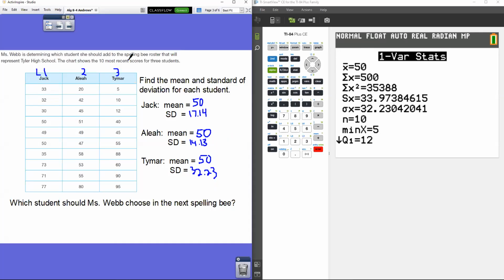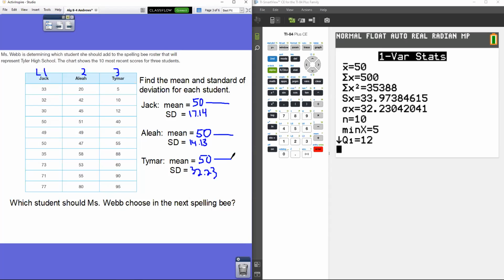So when we take a look at this data, if we thought about it for a second, if you wanted to pick somebody to go into the spelling bee, obviously you want the person to have lots and lots of correct answers. So if we chose a student for the spelling bee, notice that all three of our means were exactly the same. So the students are scoring an average score that is exactly the same.